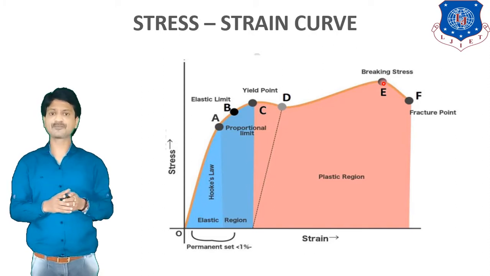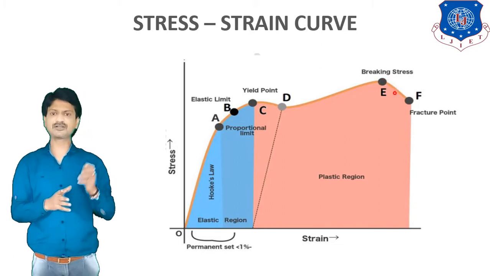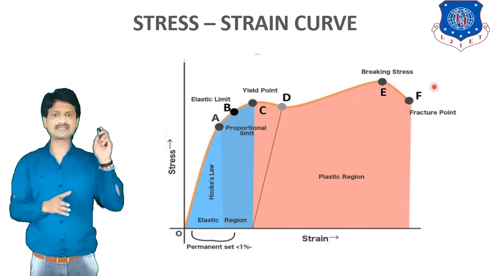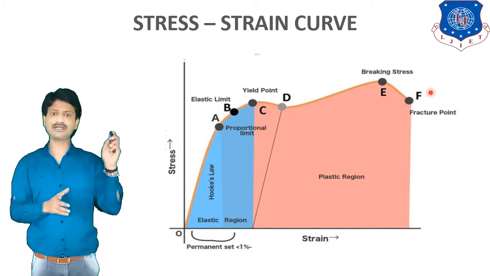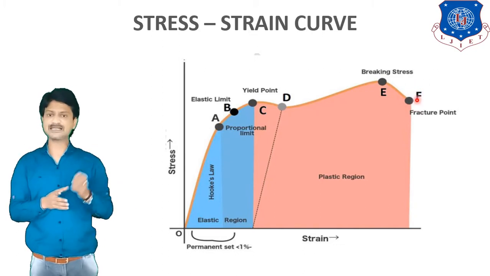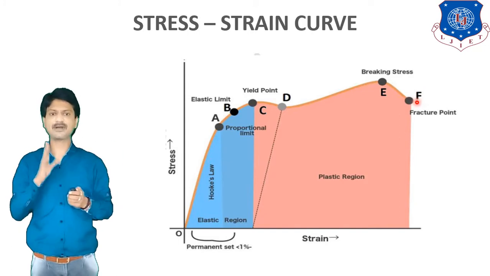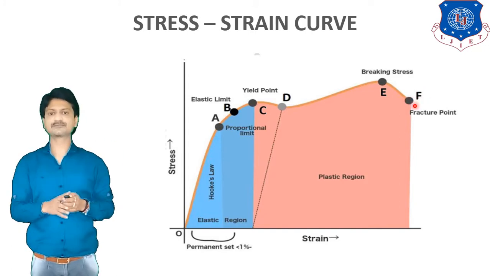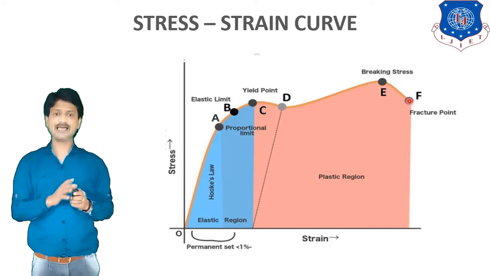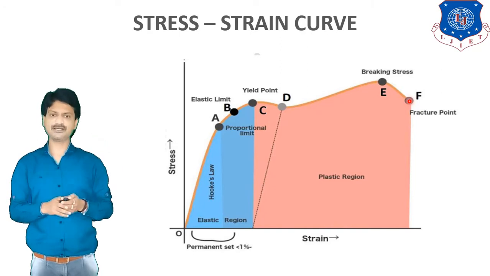If the specimen is now broken at F into two pieces, we can say that at point F the sample is broken. That's why point F is called the breaking load point, and the stress corresponding to this point F is known as the breaking stress of the material.